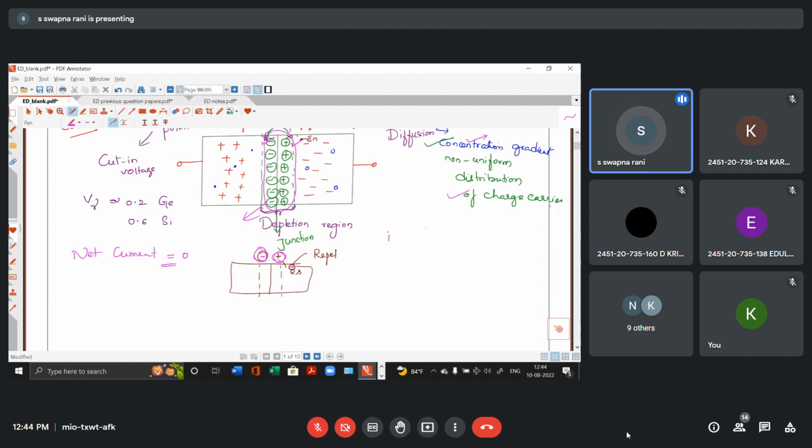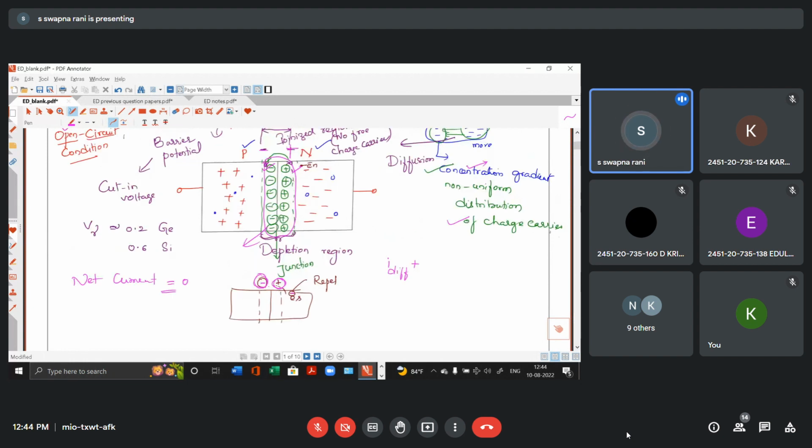Okay, so the net current is zero. Why is the net current zero? Because of diffusion, whenever charge carriers are moving from n to p and p to n, because of that concentration gradient, some diffusion current will be flowing. Once this barrier potential is generated across the depletion region, a drift current also will be generated in the PN junction, which counterbalances the diffusion current.